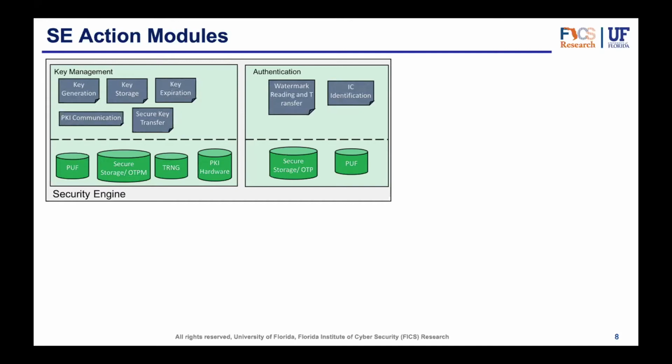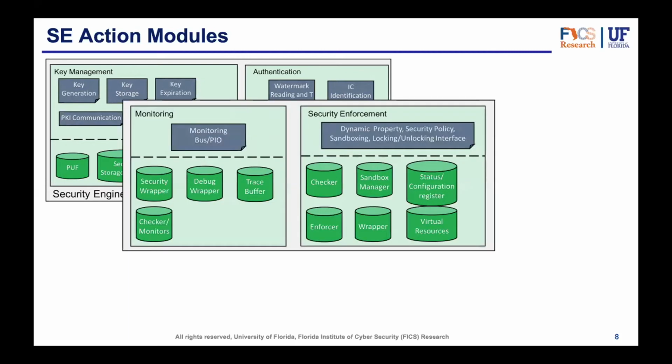And for that, we do require IPs such as PUF, TRNG, PKI hardware, as well as secure storage. In terms of authentication and chip personalization, we have watermark for the proof of authorship, IC identification, and for that we require PUF and secure storage.